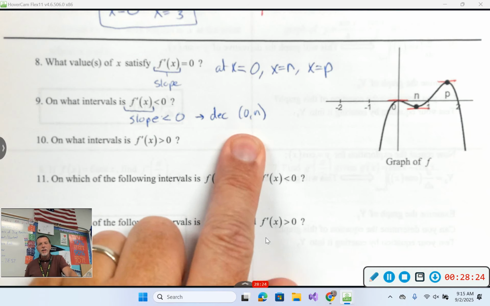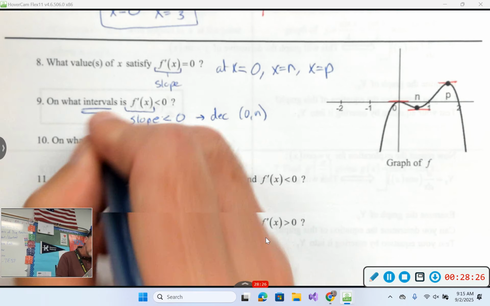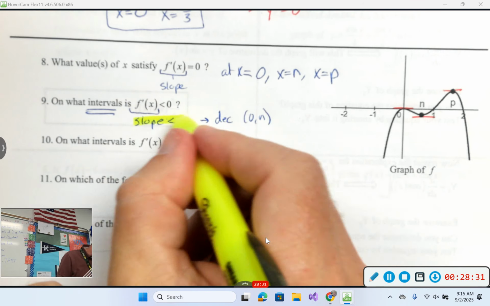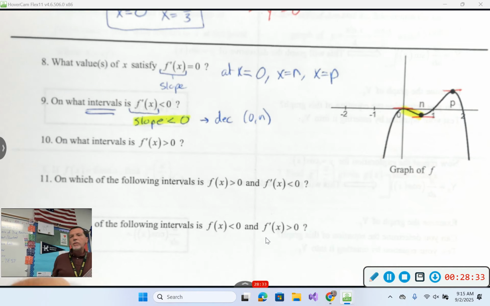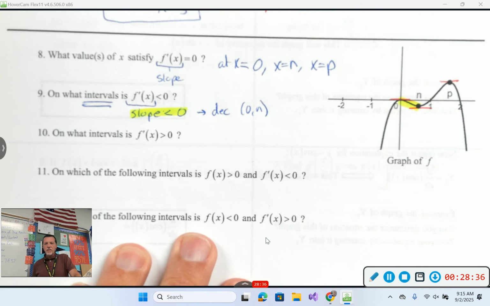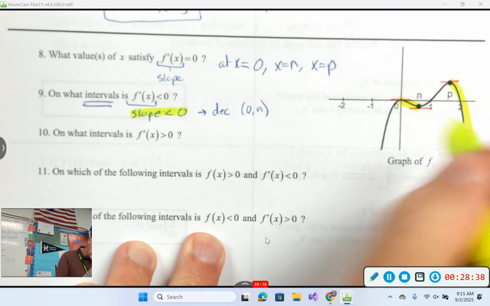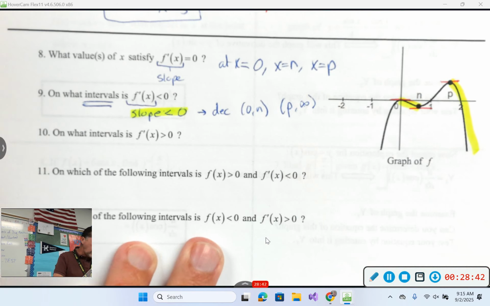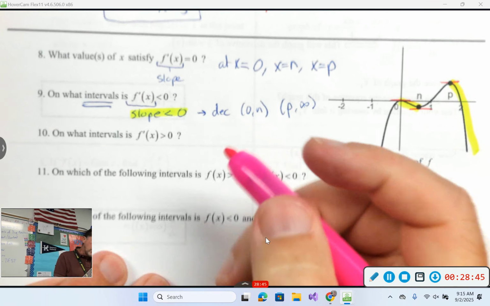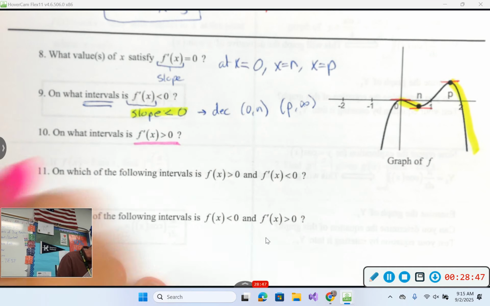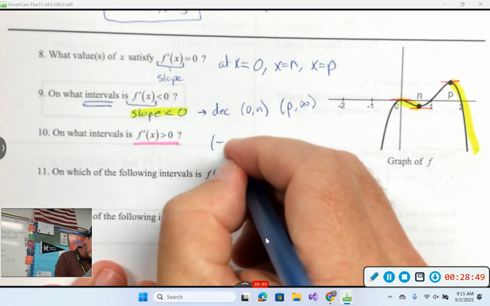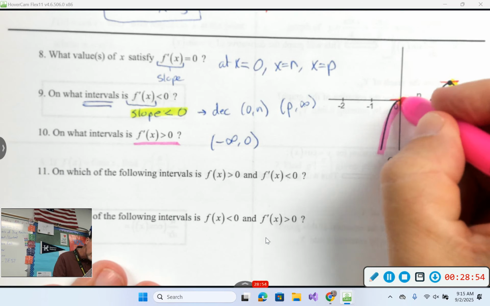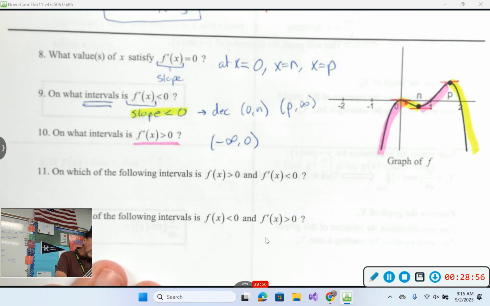That's not a point, right? That's an interval. Slope is less than 0 from 0 to n. Anywhere else the slope is negative? P to infinity. Last one. Where is the slope positive? Negative infinity to 0. And then n to p.